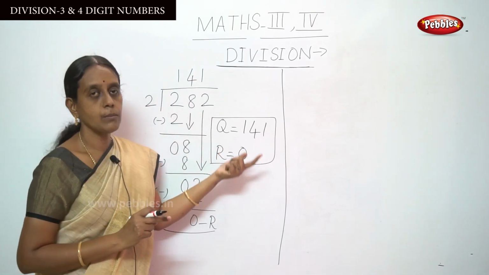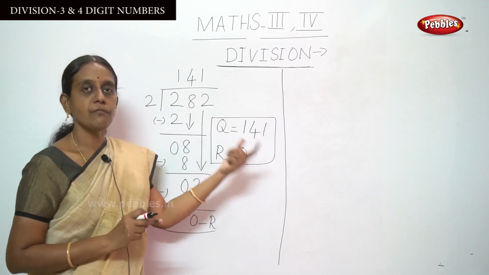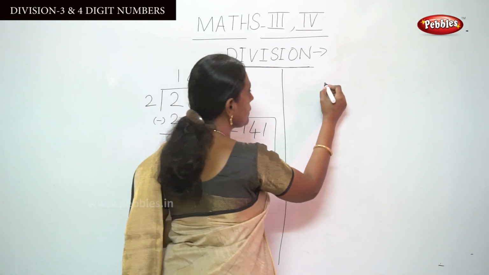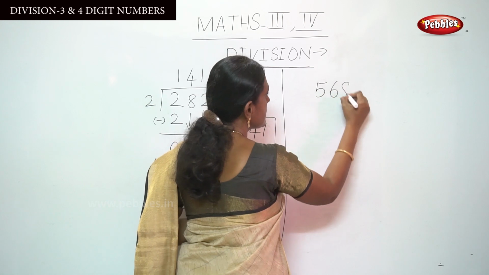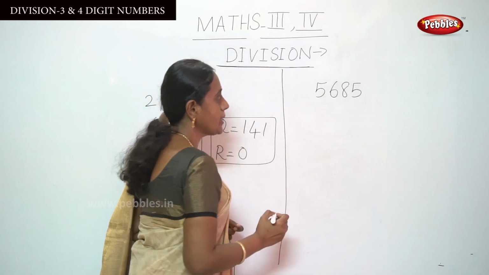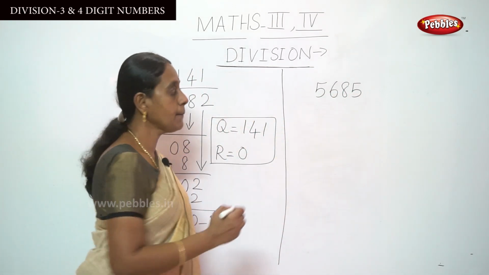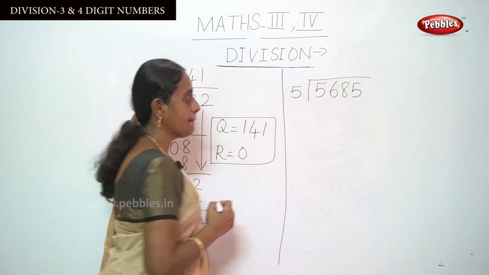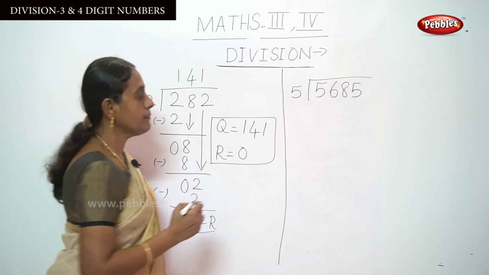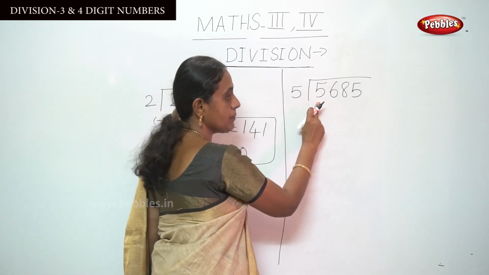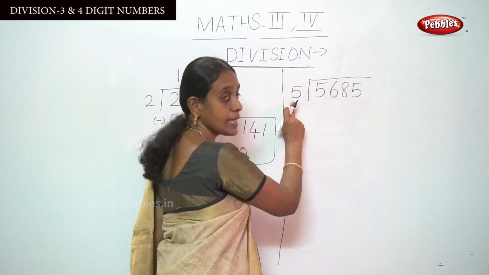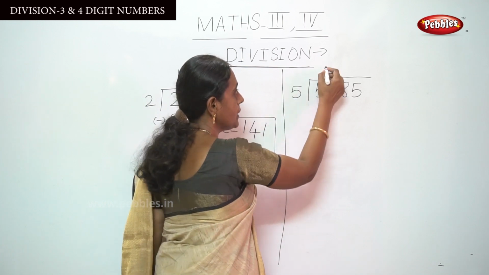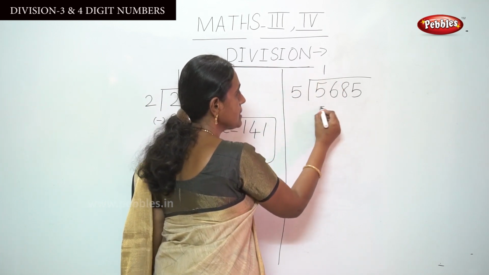I am going to move on to the next sum by the 5 table, that is 5685. I took a 4-digit number with the divisor 5. Let me consider the first digit and say the 5 table to the number: 1 5 is 5.